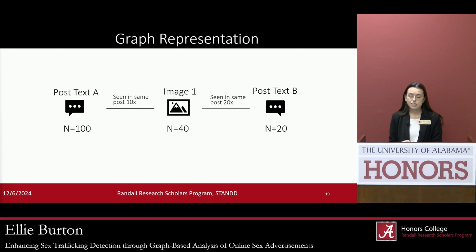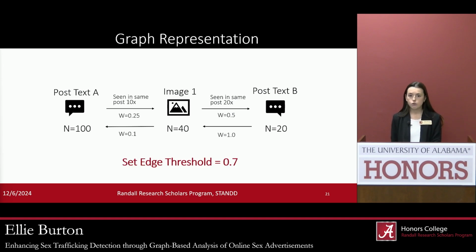This image is seen 10 of the 100 times with post A, but it's seen in all 20 instances of post B. So we can calculate weights of how often this connection is seen versus how often we see the data point in the total data set, and that allows us to calculate a sort of confidence that they're connected. If we set an edge threshold, for example, 0.7, we can eliminate some of the edges and see only the strongest connections remaining.